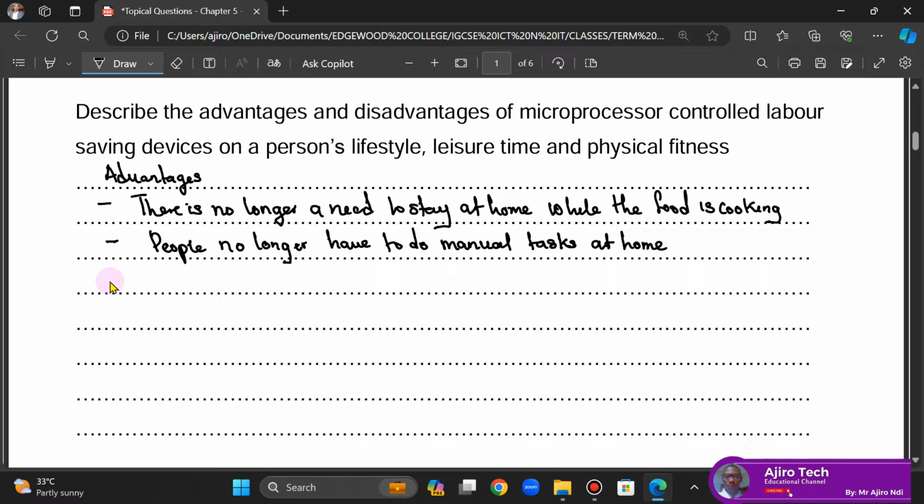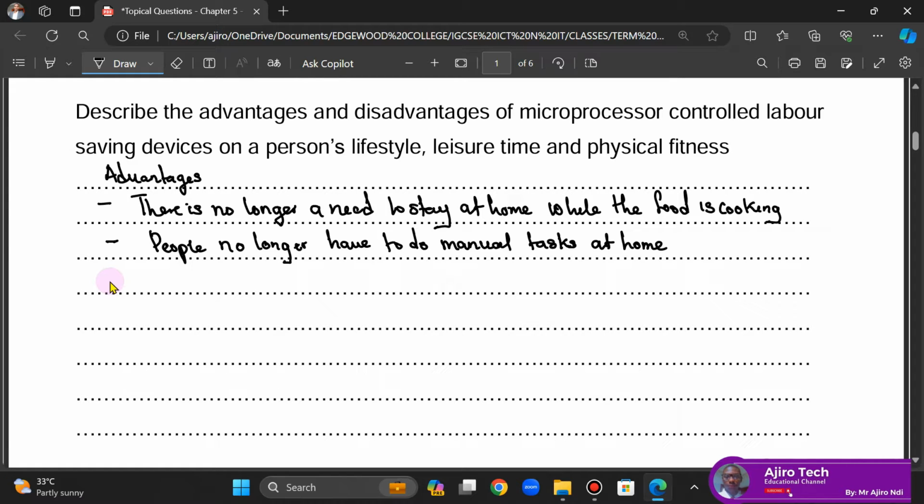We have robotic vacuum cleaners that can actually do the work. We have this automatic lawn mower that can actually mow our yard. So we don't need to do manual tasks anymore. We can just sit and control these devices doing the work for us.